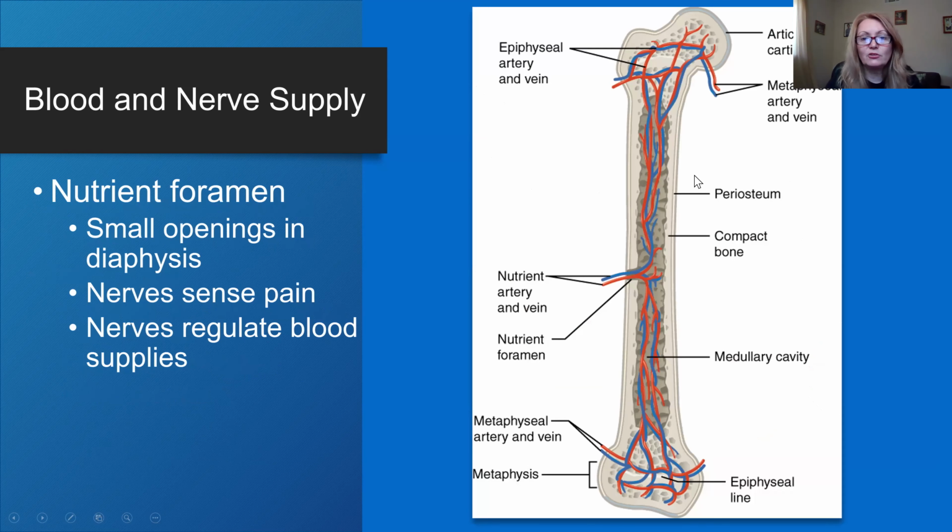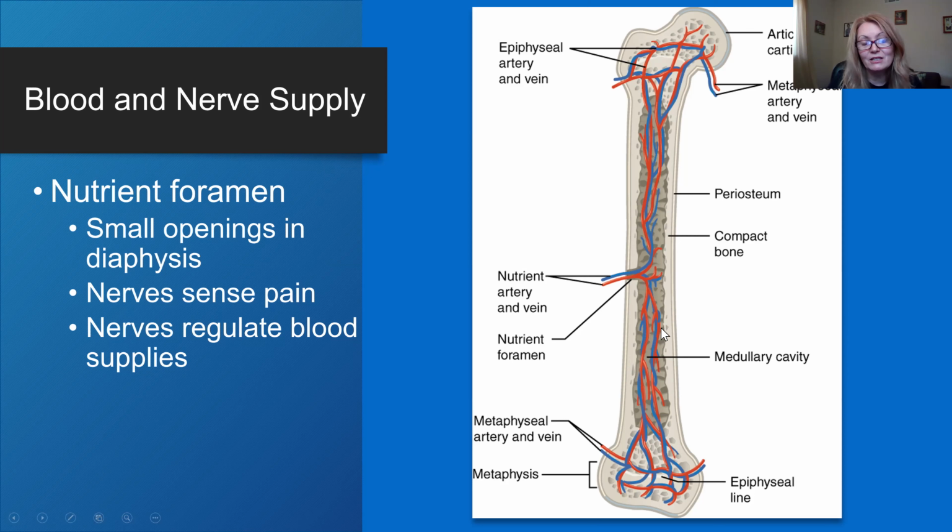We do have blood and nerve supply, and blood vessels and nerves enter a bone through the nutrient foramen. It's a small opening in the diaphysis. Nerves send pain signals and regulate blood supply, and what blood does, it brings nutrients, oxygen, and removes carbon dioxide and waste products from those osteoblasts, osteoclasts, osteocytes, and stem cells.